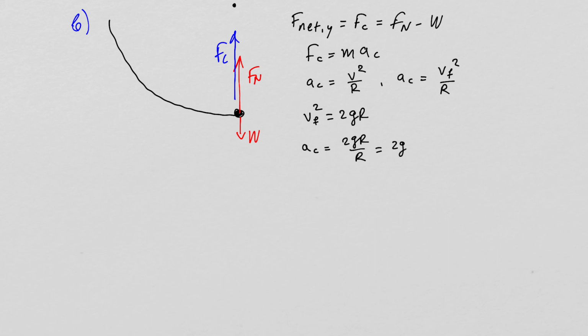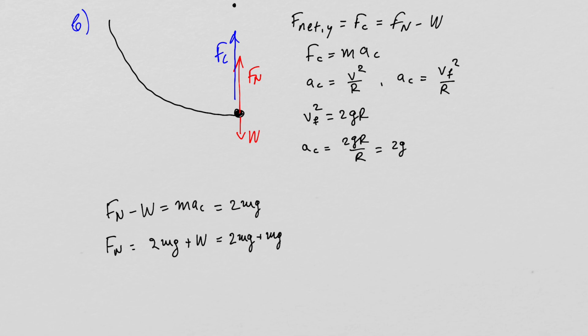So let's now combine everything together. We have that the normal force minus the weight is equal to mass times centripetal acceleration, or in other words, 2 times mg. So then the normal force is simply 2 times mg plus w, or this is 2 times mg plus mg, or this is 3 times mg.